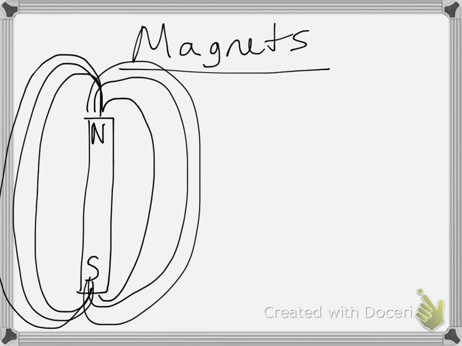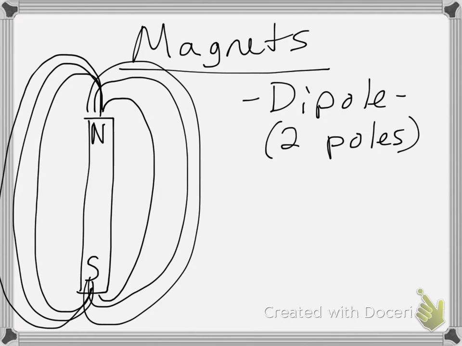And this leads to the conclusion that for a dipole, and a dipole is simply something with two poles, which a magnet has, one north and another south, so there's our two poles, the field lines will form closed loops.